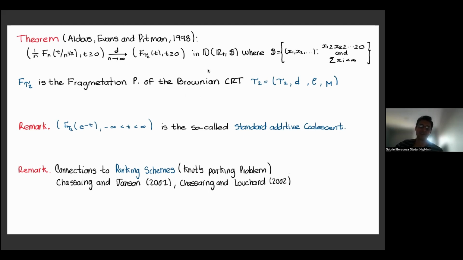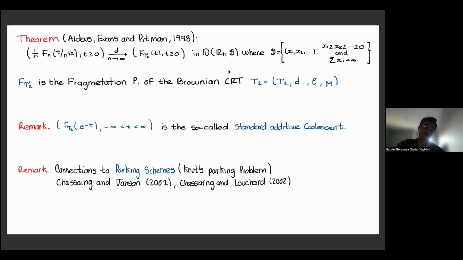Okay, so we have defined this fragmentation of the Brownian CRT. As you can see, I call the Brownian CRT this continuum tree I got in the limit. Since it has the name Brownian on it, you might expect that there is a Brownian motion behind this tree. In fact, some people here probably know that another way to construct the Brownian CRT, instead of considering a scaling limit of discrete trees, is to define it as the tree encoded by an excursion-type function, in this case the Brownian excursion.